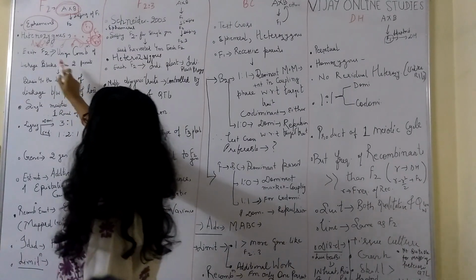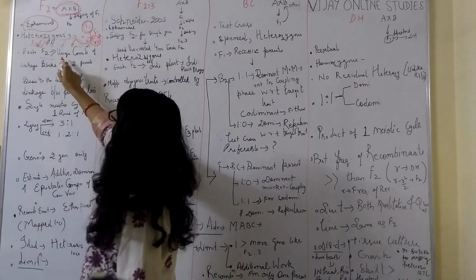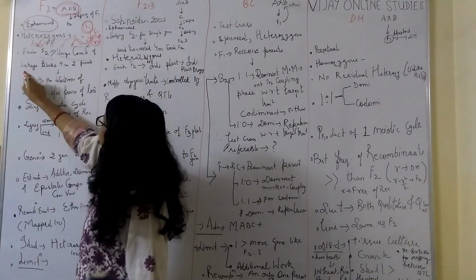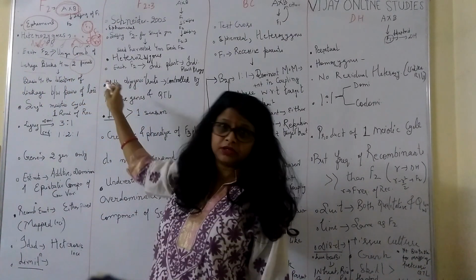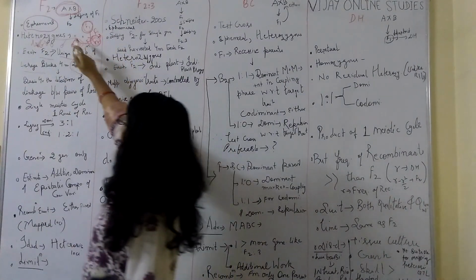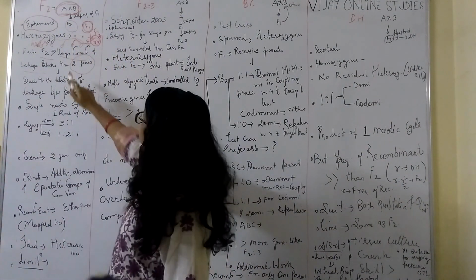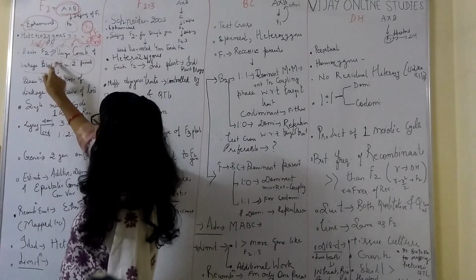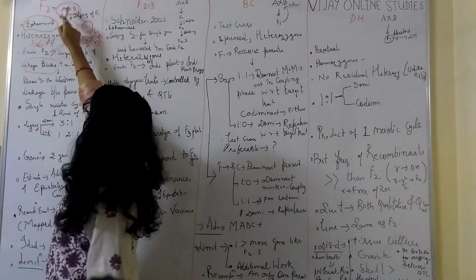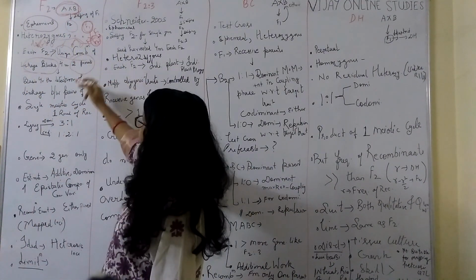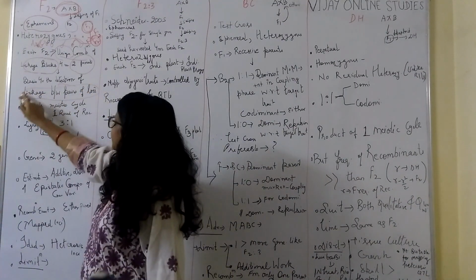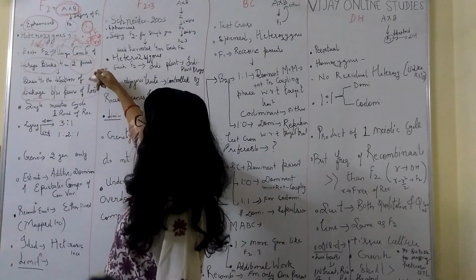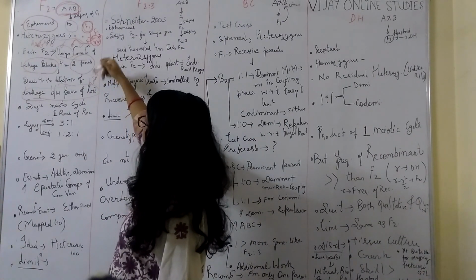That's why each F2 represents a unique combination of linkage blocks from the two parents. This is a very important factor, and this is the basis for the detection of linkage between pairs of loci. Then it is the basis of linkage mapping.